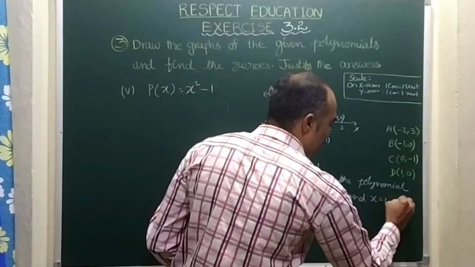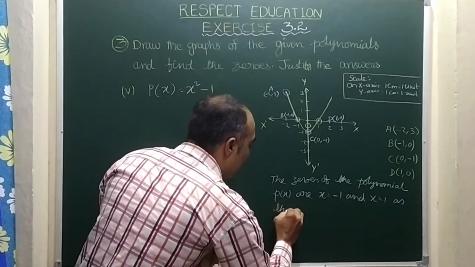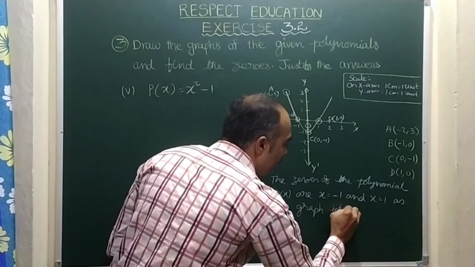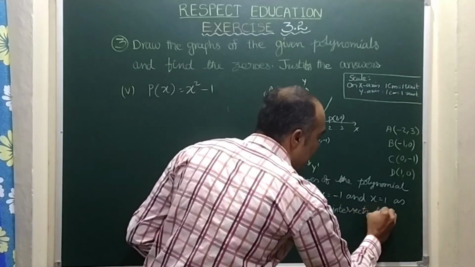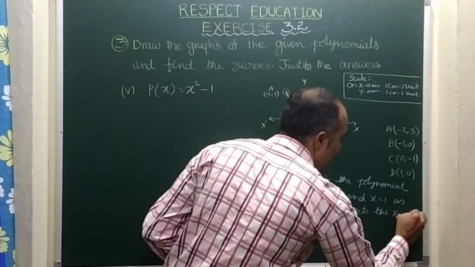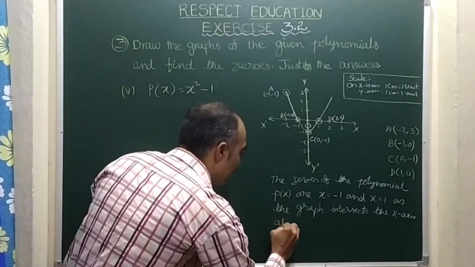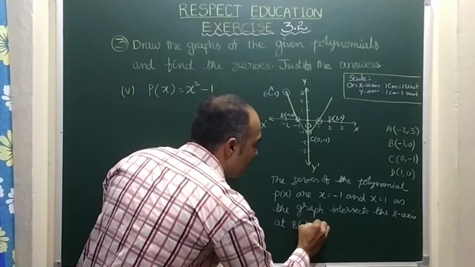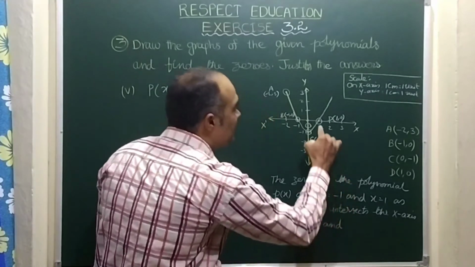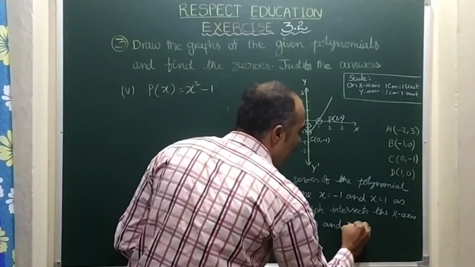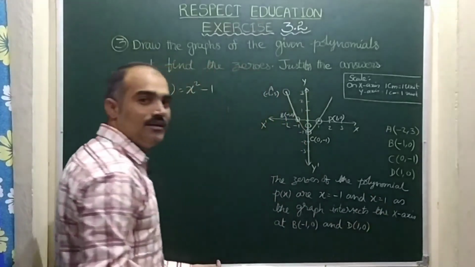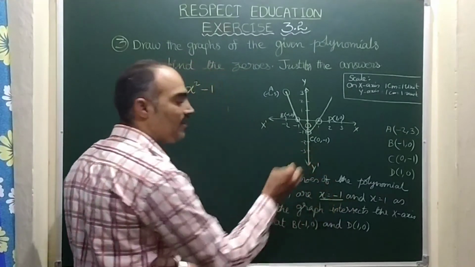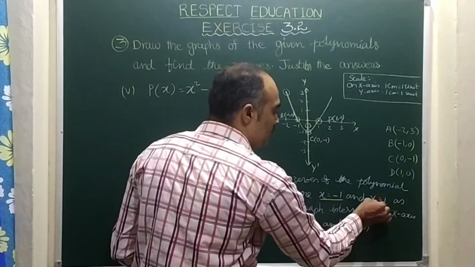We write the reason also: the graph intersects the x-axis at this point B minus 1 comma 0 and this point D 1 comma 0, right? So here from the graph we found that x equal to minus 1 is a 0 and x equal to 1 is also a 0.